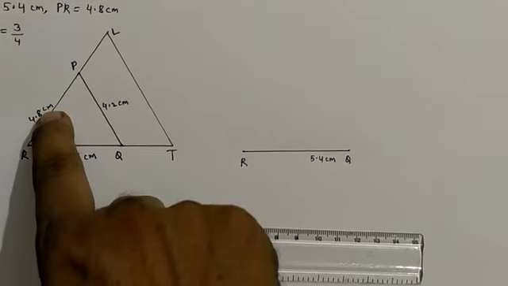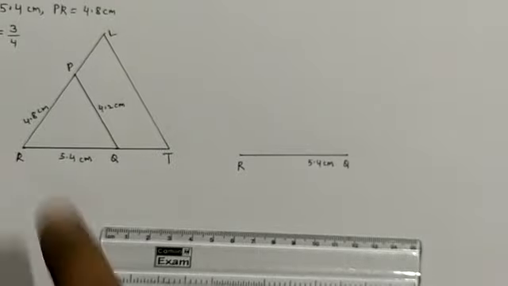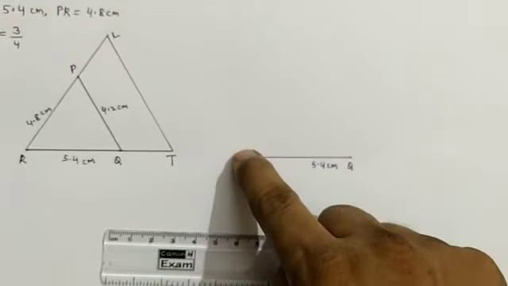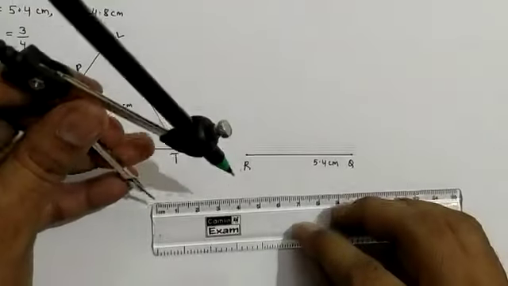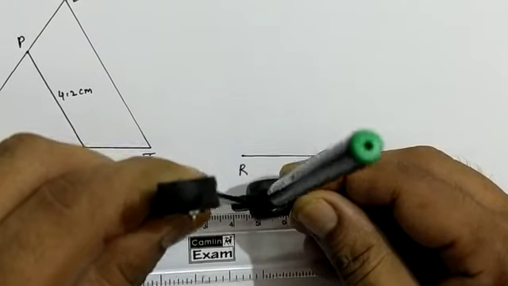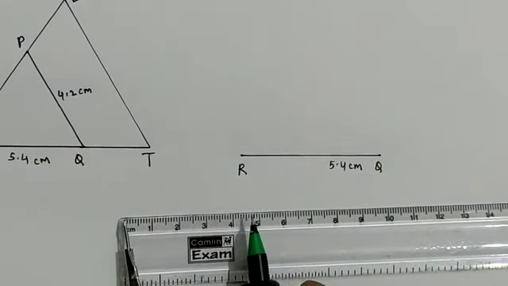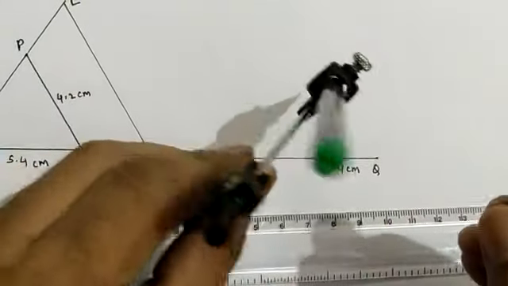Now 4.8 and 4.2. You will take a distance of 4.8 centimeter, and from this point R you cut an arc of 4.8.